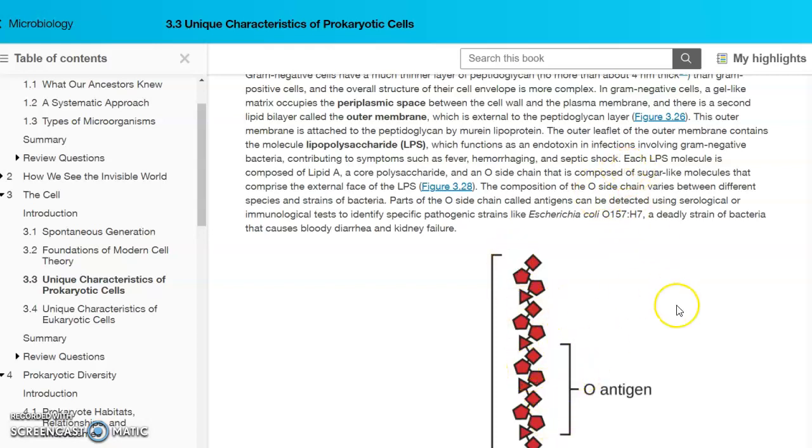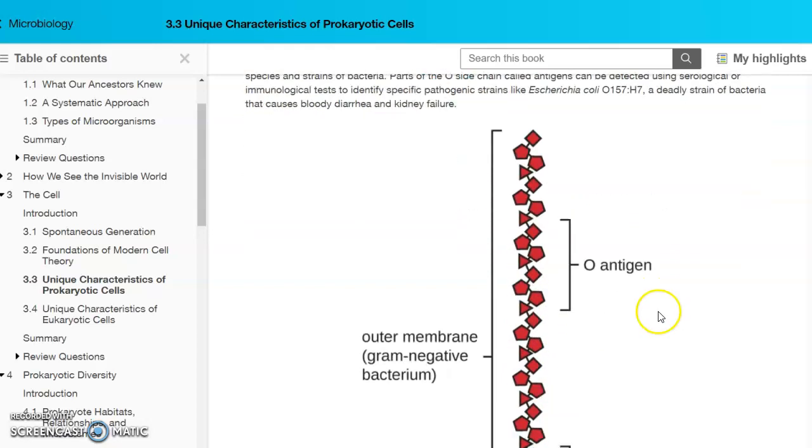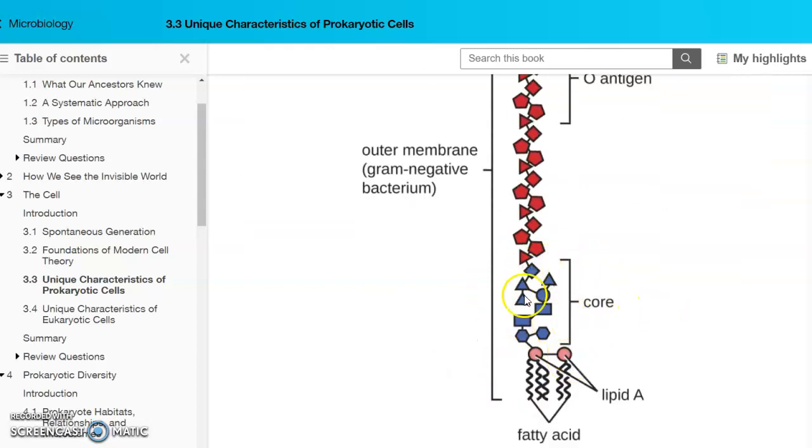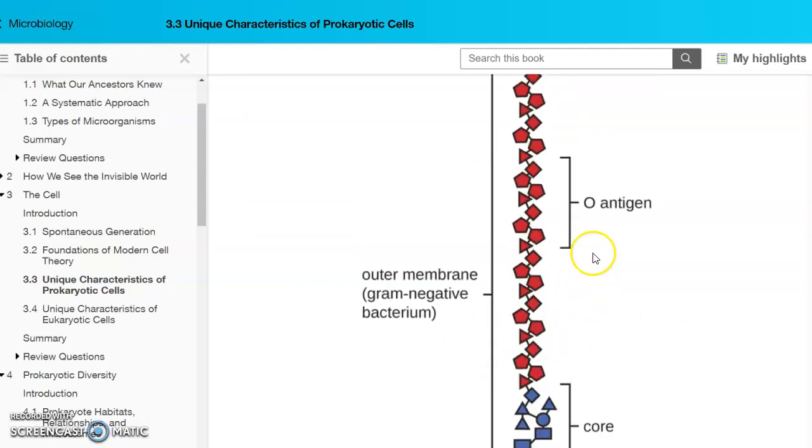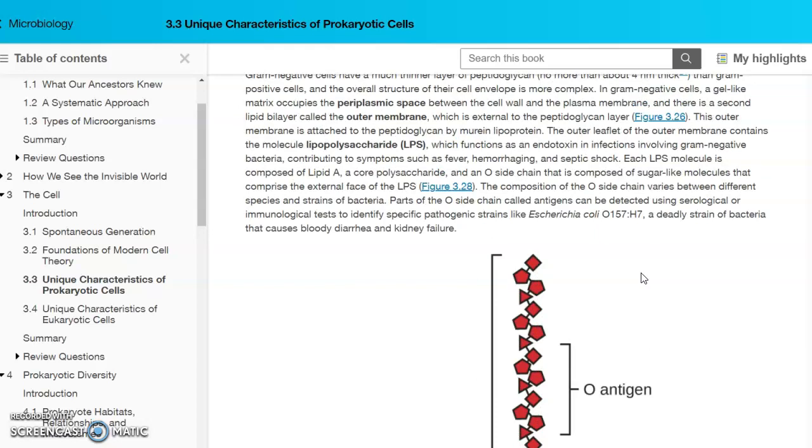Each of these LPS, these lipopolysaccharides, has this lipid A, this core structure, and then the O antigen. And we can use that O antigen or O side chain to identify different species and strains of bacteria.